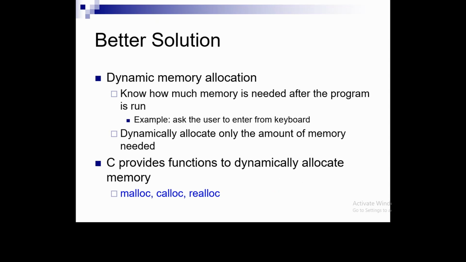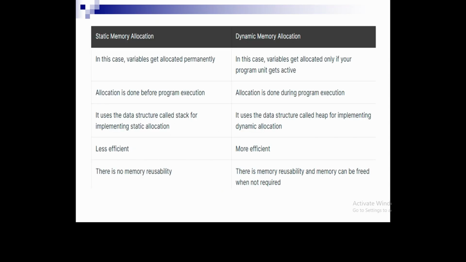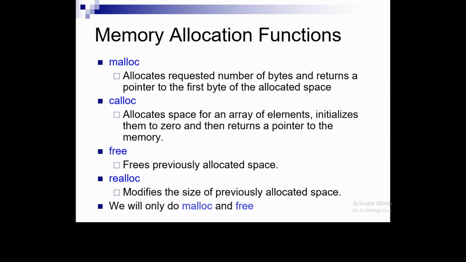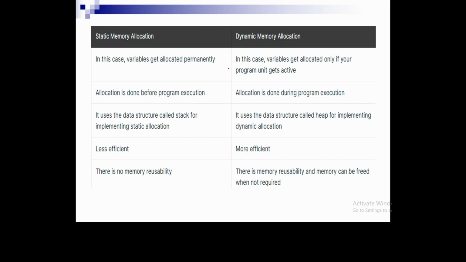so let's have a look one by one at each of the functions. Okay, before going to the functions, just take a look at the static memory allocation and the dynamic memory allocation. And I think it is clear to all what is the meaning of dynamic memory allocation. So static तो वो है जो अभी हम करते आ रहे थे, variable declare किए statically, और dynamically it can be done at the runtime with the help of the user.